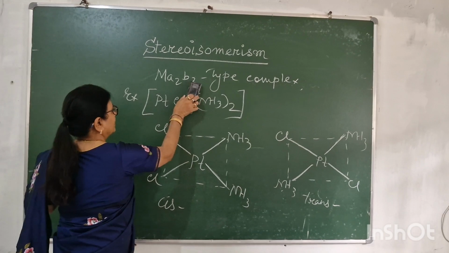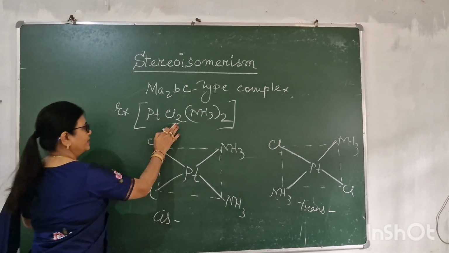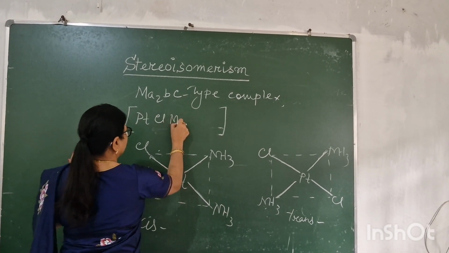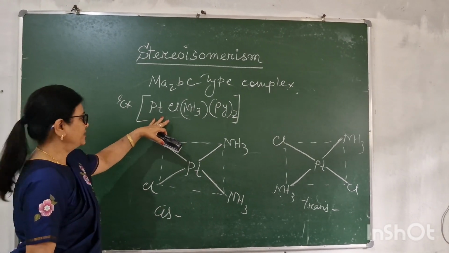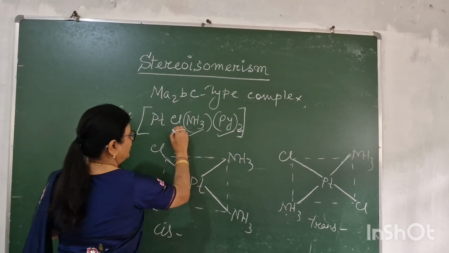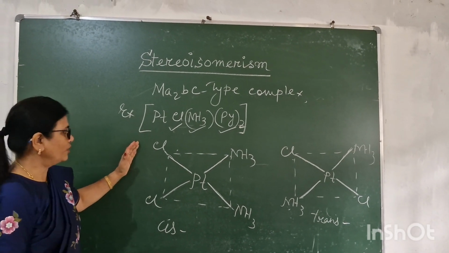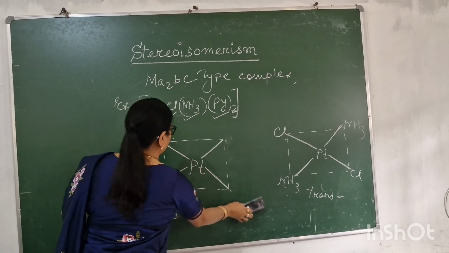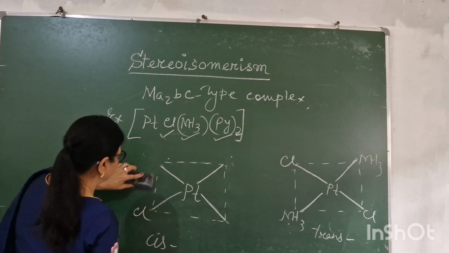These are the complexes of the type A2BC. Here three kinds of ligands are present: chlorido, amine, and pyridine. Here 2 pyridine, 1 amine, and 1 chlorido ligand are present. Now we can write the geometrical isomers of this complex as you see here.